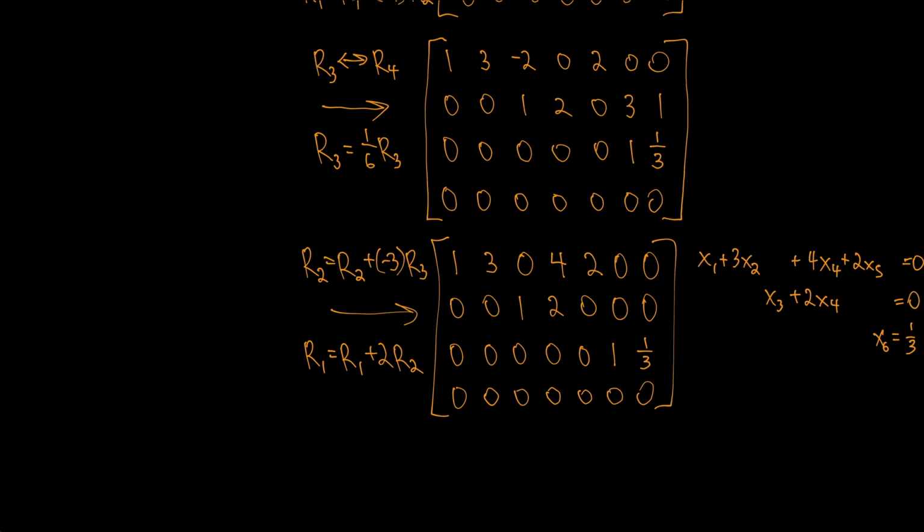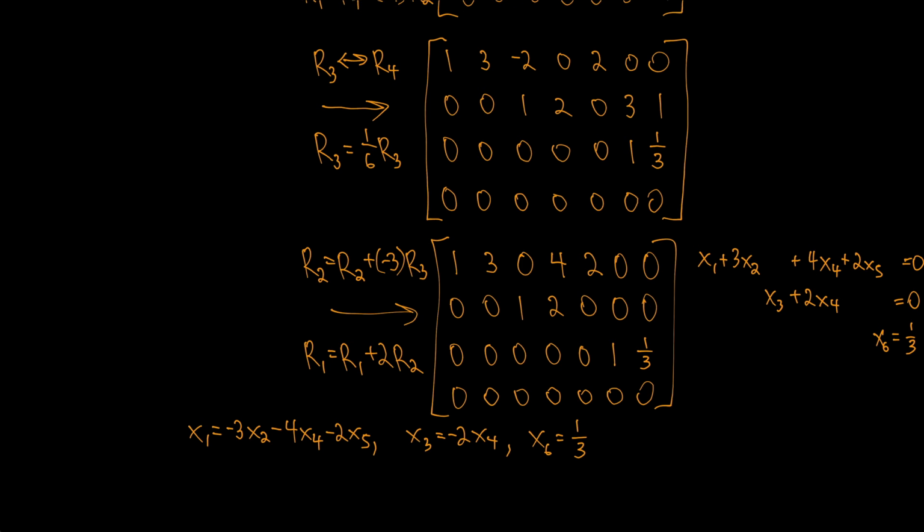So I'll get x1 equal to -3x2 minus 4x4 minus 2x5. And I'll get x3 equal to -2x4. And I'll get x6 equal 1/3.